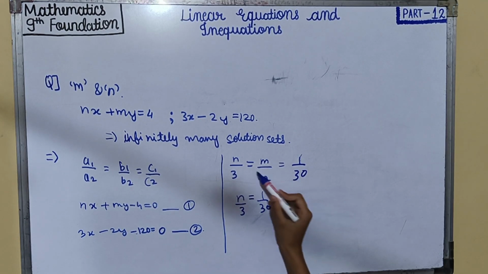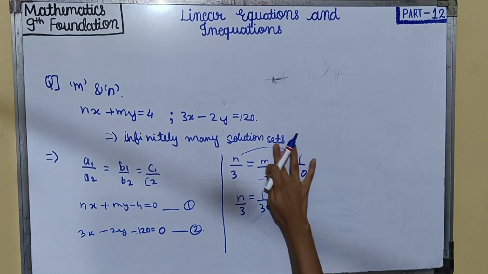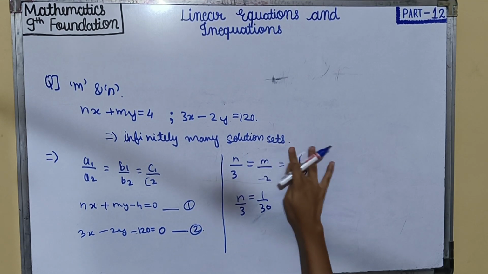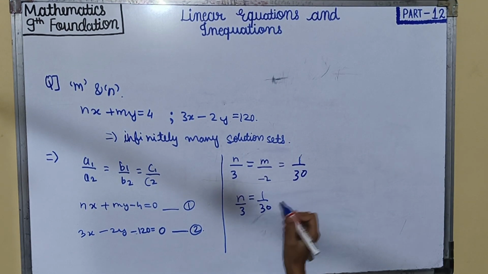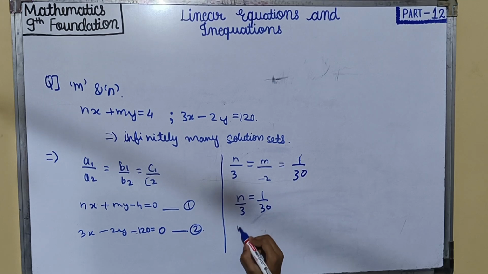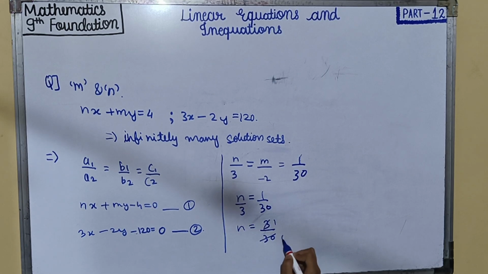As all of these are equal, this and this can also be equal. So after cross multiplication, or after transposing 3 to the RHS, we get n is equal to 3 upon 30. 3 ones are 3, 3 tens are 30. Therefore, we got the value of n, that is 1 by 10.